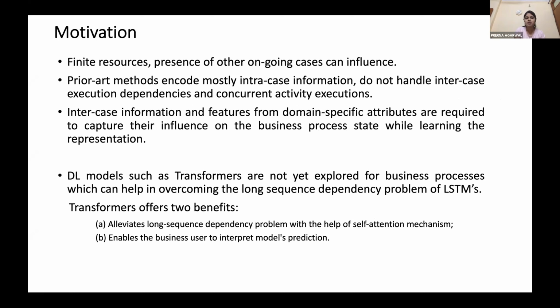So I'll quickly describe the motivation of the work. We all know that business processes contain a finite set of resources, and the presence of other cases in execution can influence the outcome, the next activity, or even the time that a case is going to take. Mostly, prior art encodes only the intra-case information, which includes just the activity sequence and the information of that particular case in isolation, but fails to handle the inter-case execution: the other cases running in the system at that time, and also concurrent activities that may be executing.